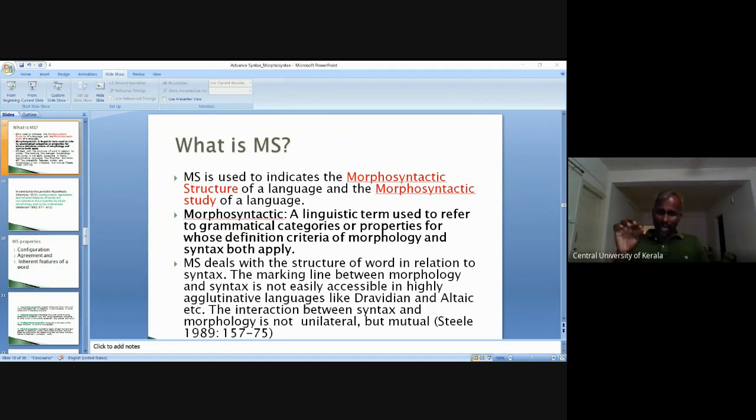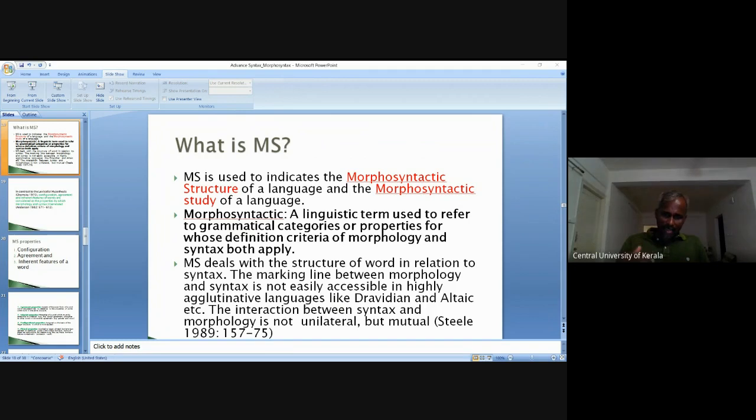For example, inherent properties of the head element are as relevant to such a process as the assigned properties of the agreeing item. Don't worry, I'll explain to you. If adjectives are to agree with their nouns, the rule of agreement must have access to the features of case, gender, and number.